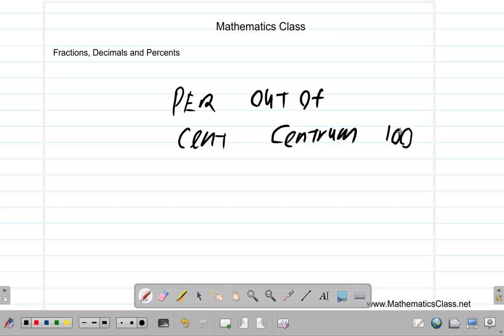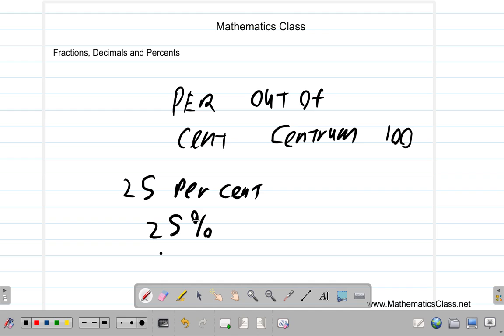So it's per 100, percent. Alright. So a number like 25%. You don't write the word percent for this. You say 25 and you have a symbol representing percent, which is the same as a quarter. Alright.